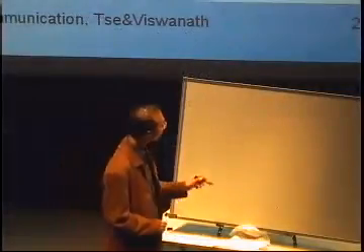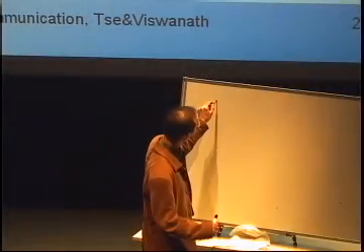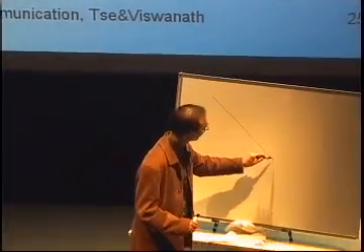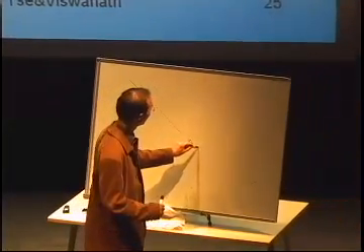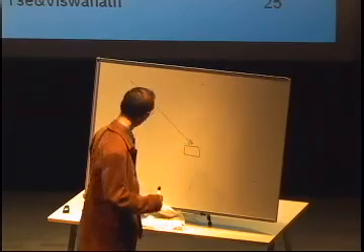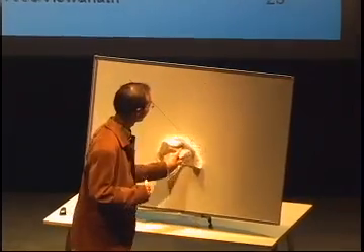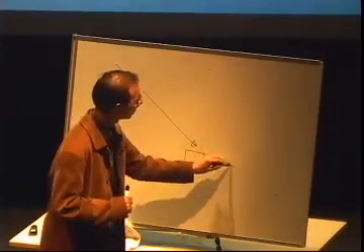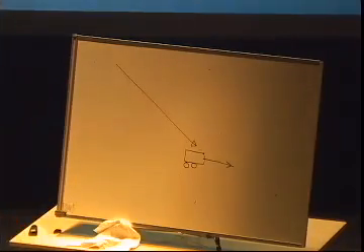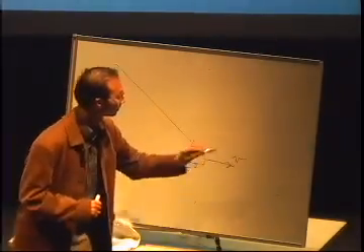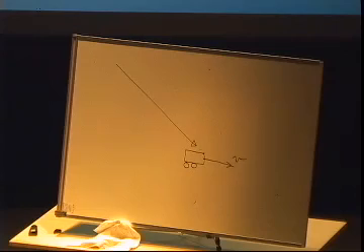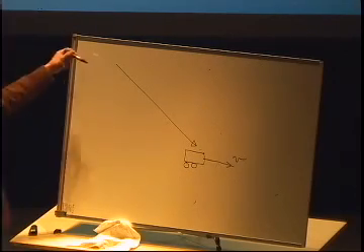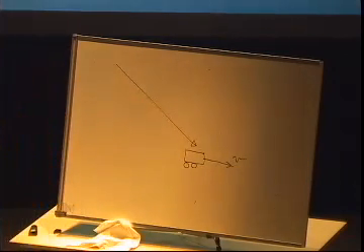So let's say I'm moving at a certain speed, v. Suppose I have a path coming in this direction.